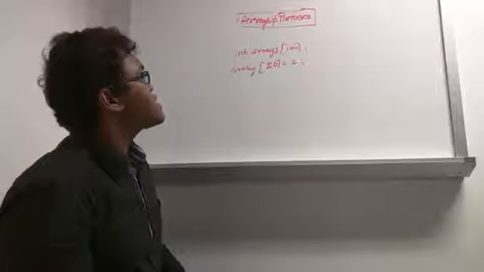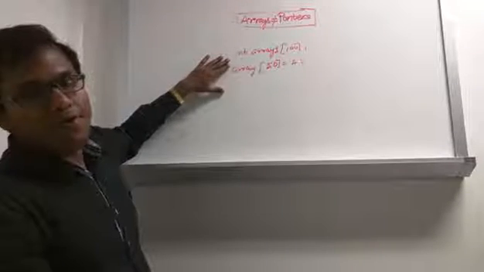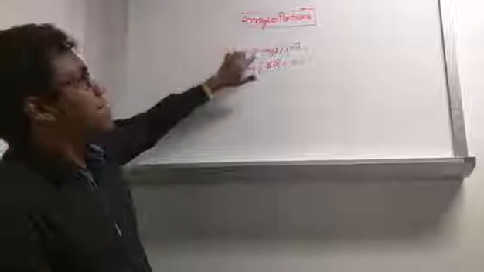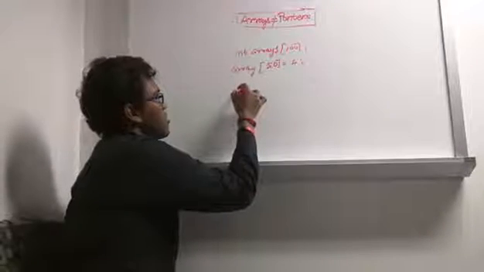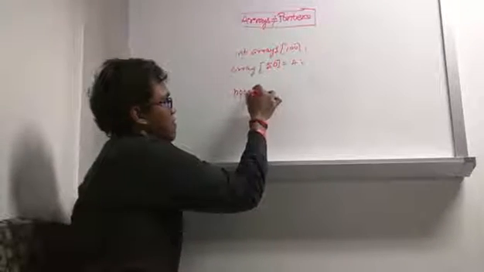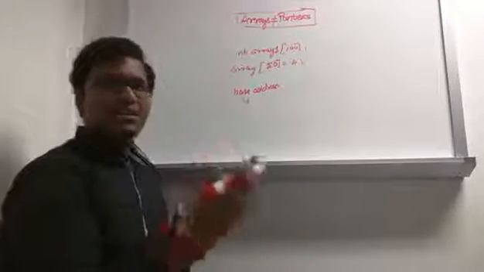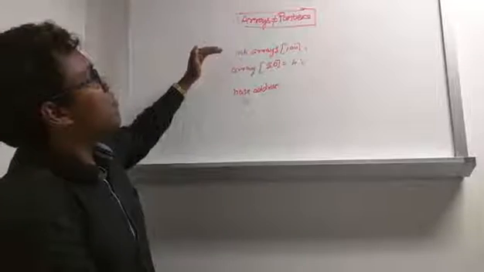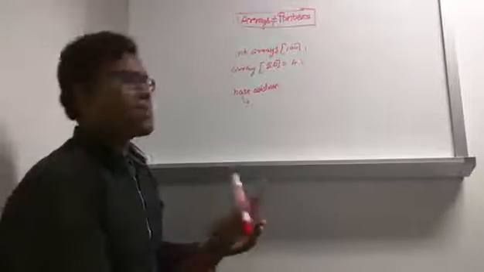When the compiler compiles this program, it knows the address of array 1, which is actually called the base address. So base address is where the array starts in memory. So on compilation, the base address of array 1 is what the compiler knows.